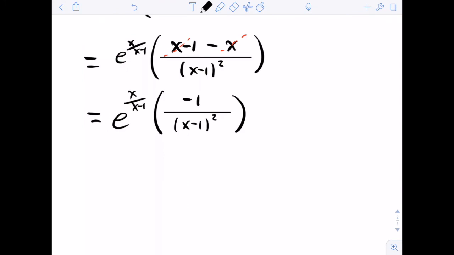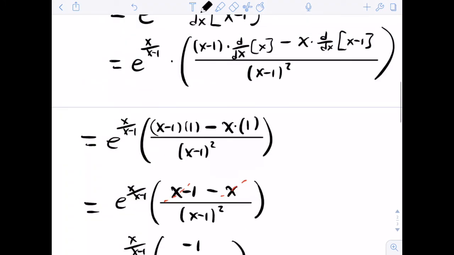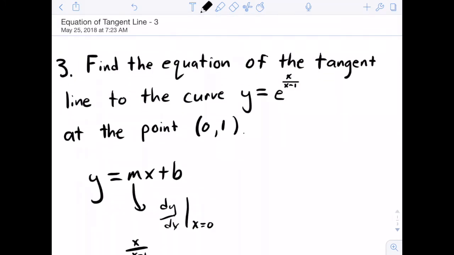Now, what we want is to evaluate the derivative where x is equal to 0, I believe it was. Yes, 0.